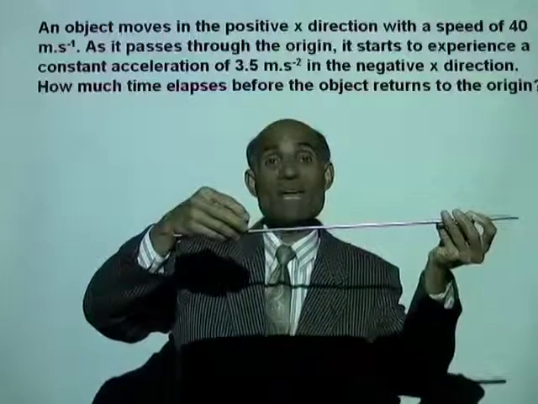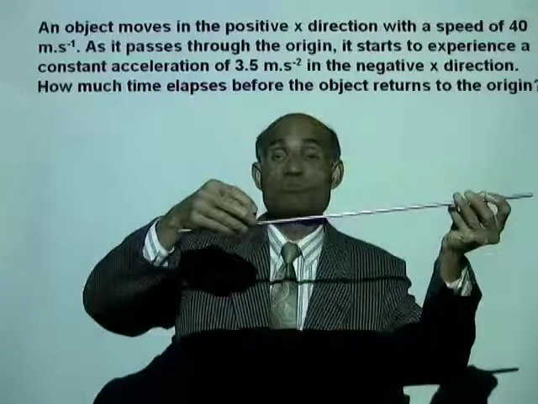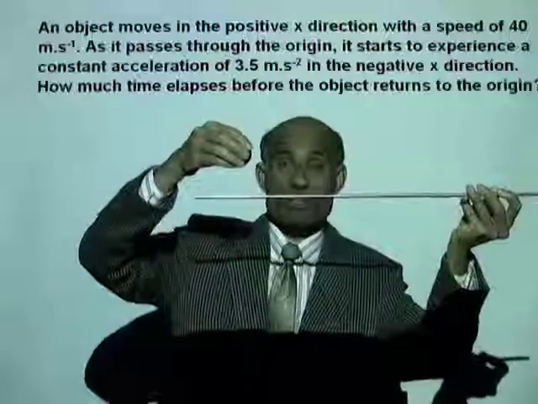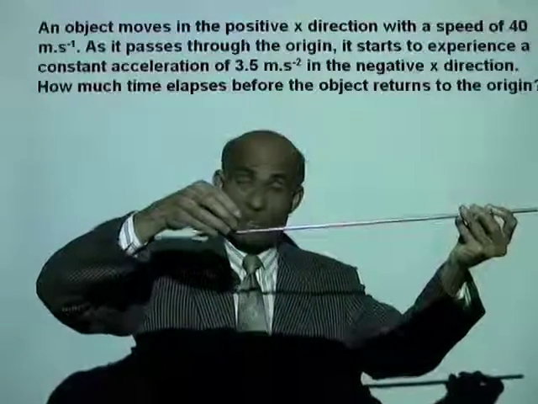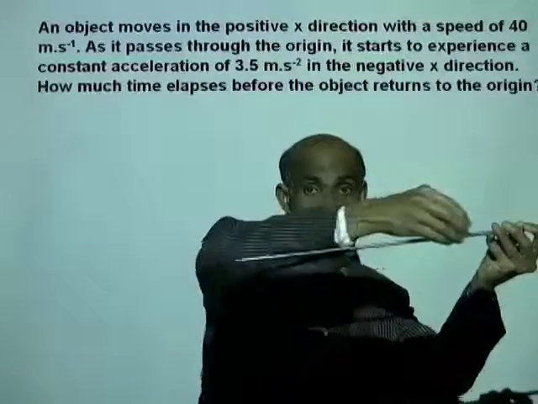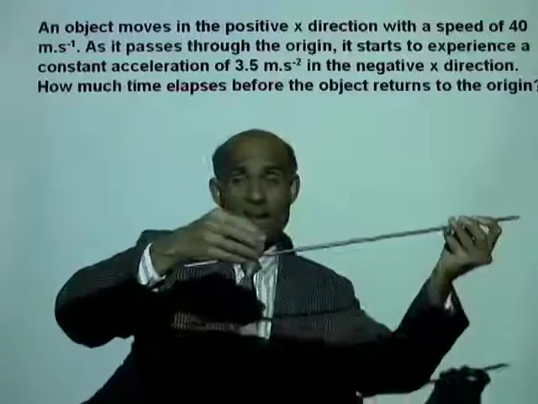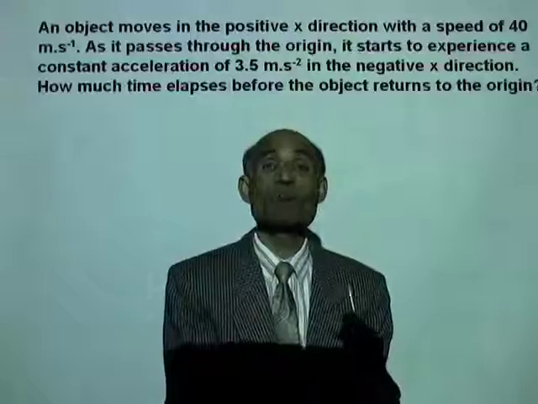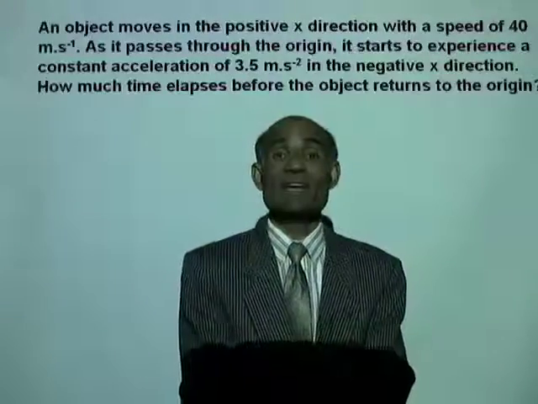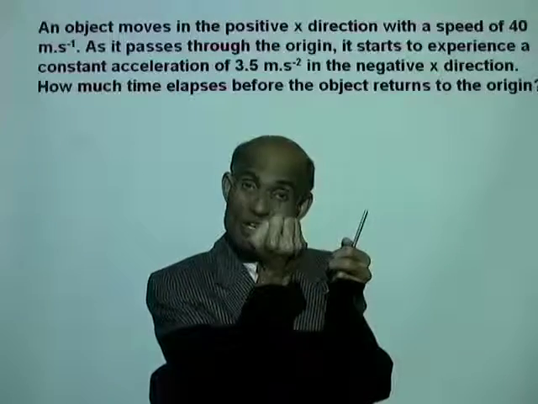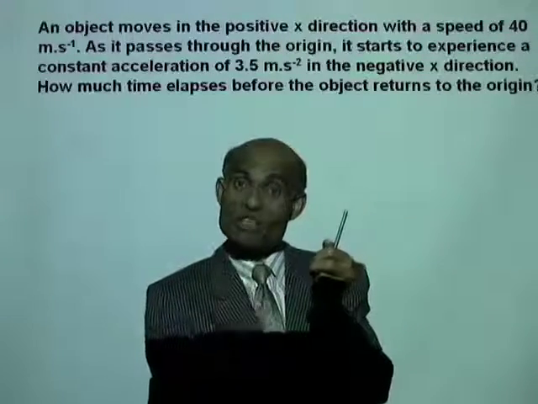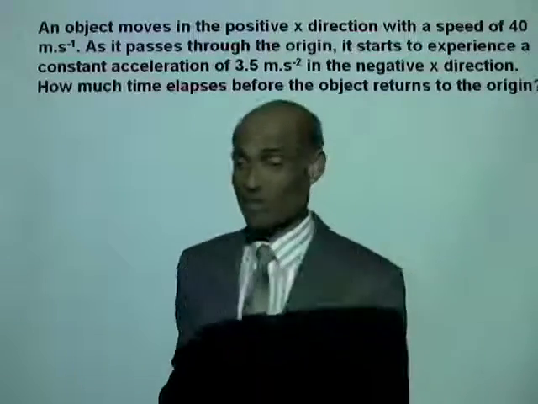How much time elapses before the object returns to the origin? It has an acceleration directed in the negative x direction, which means it's going to go to the right and come back. Just like an object thrown up, you see that? Why it goes up and comes back? Because there is an acceleration directed in the opposite direction.